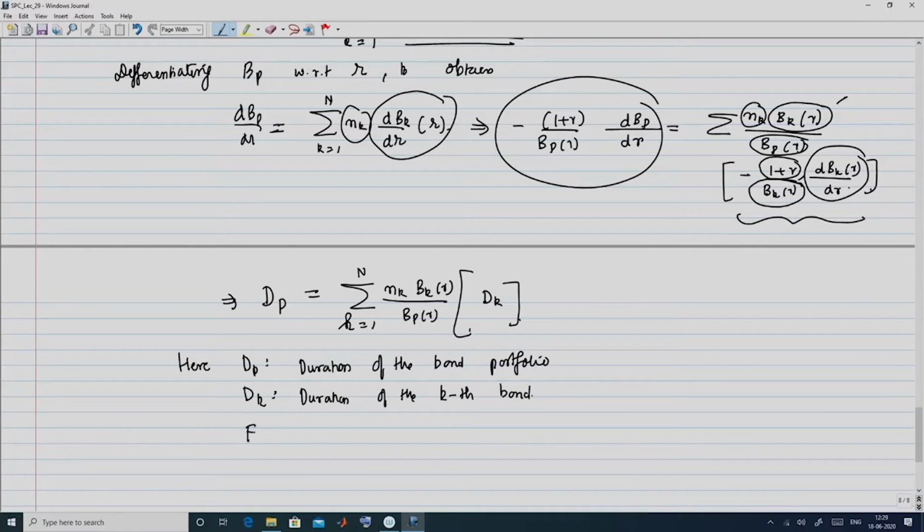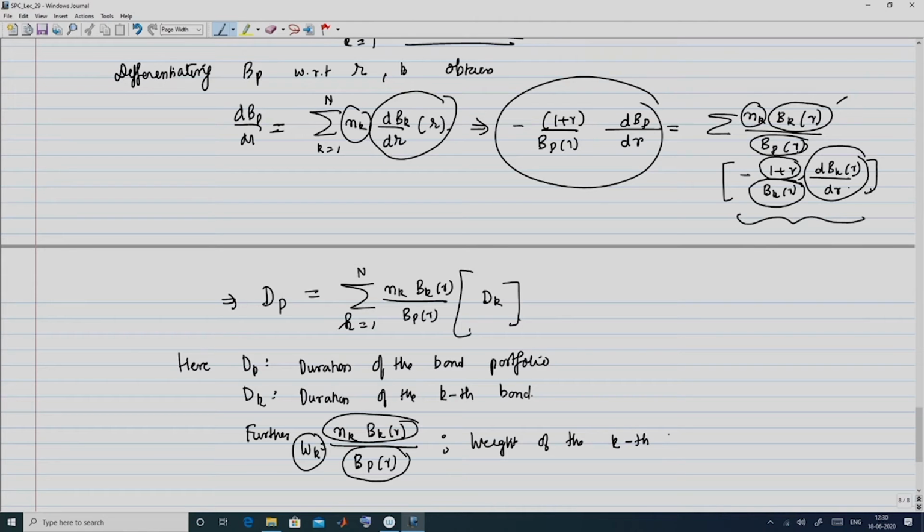So, further we observe that what is going to be nk bk of r, since this is the amount invested in the kth bond, divided by bp of r, that is the total investment, and this I will define as wk. And see, this is the total investment in the kth bond divided by the total investment in the portfolio. So, this which I identify as wk is obviously going to be by definition the weight of the kth bond in the bond portfolio.